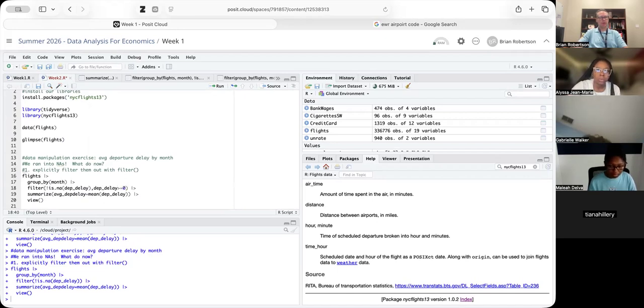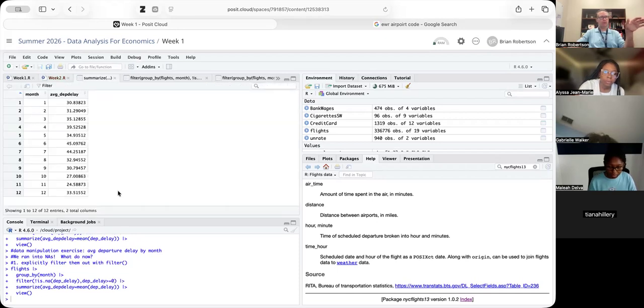But if I get rid of all those negative values, so I only want it when departure delay is greater than or equal to zero, I get a much different answer, don't I? So my average departure delay jumps from, let's say, 10 to 15 minutes on average up to 30 to almost 40 minutes on average, over the course of the year.